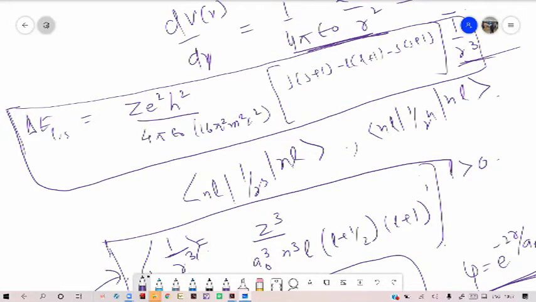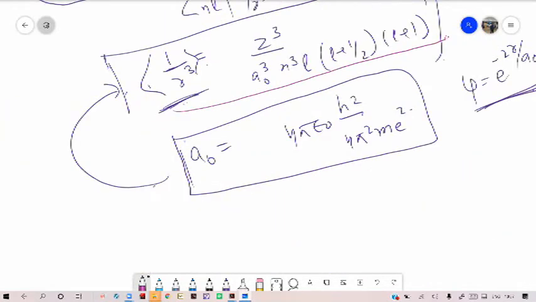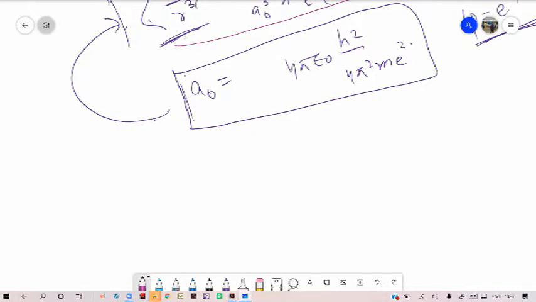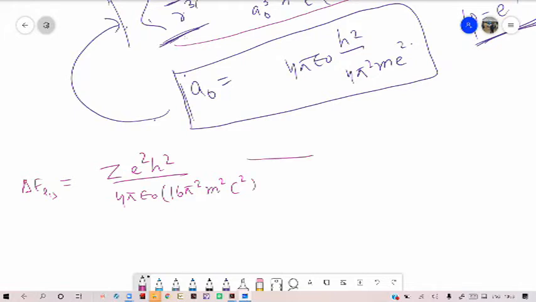Now just see this equation, and we will use this value instead of this 1 by r cube. What we will obtain is delta E_LS is equal to Ze square h square divided by 4 pi epsilon naught, 16 pi square m square c square, into Z cube divided by a naught cube n cube l into (l plus 1 by 2) into (l plus 1).